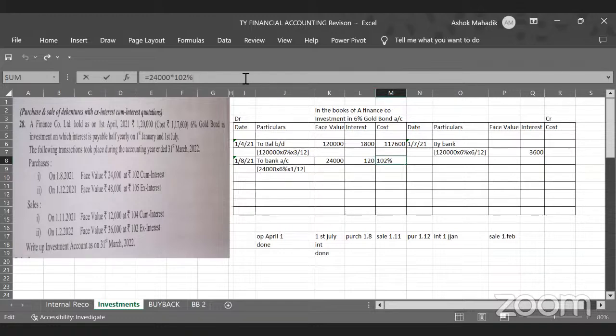Always remember this: whenever they give a quote as cum interest, first calculate interest and remove that interest amount from the price quoted. Minus 120. Is this clear, students? I hope this is clear.